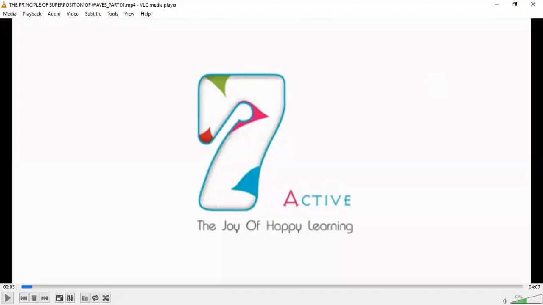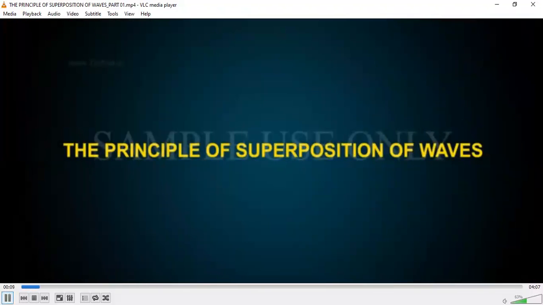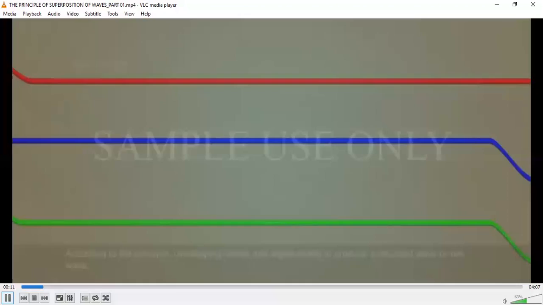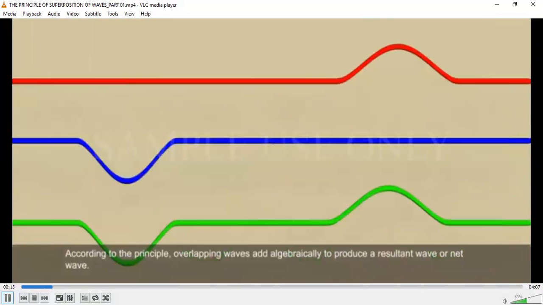Okay, now we are discussing the principle of superposition of waves. According to the principle, overlapping waves add algebraically to produce a resultant wave or net wave.